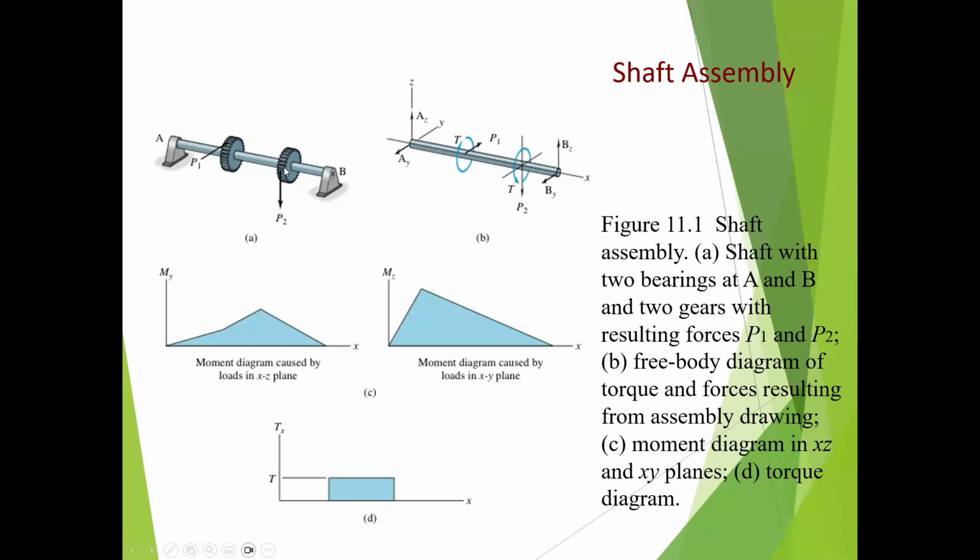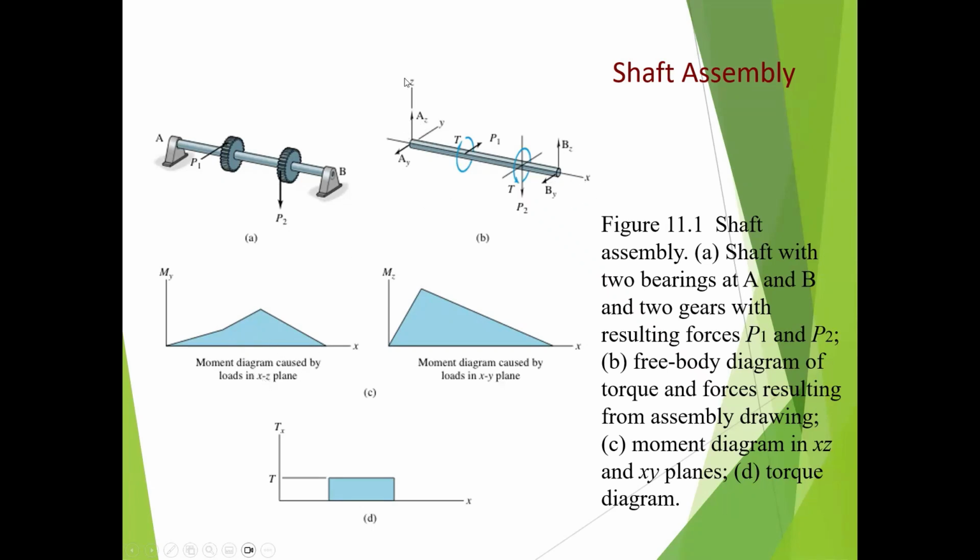Similarly for gear 2, we have this force and the corresponding torque, because this force is not applied at the center of the gear either. Then at support A and support B, we have the support reaction forces.